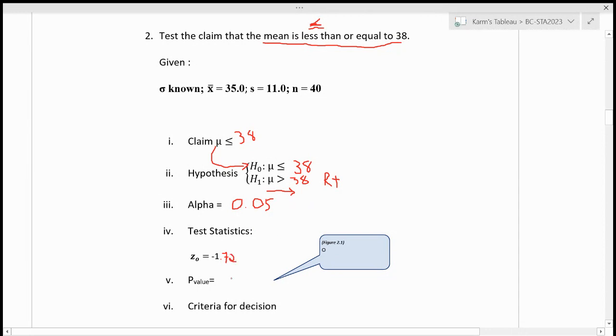Okay. And how do we get the p-value now? You can use the chart that I sent you last time, or the figure that I sent you. Alpha is 0.05 whenever it's not given to you. It's the default, though it can be anything else. Okay. So how do we find it? How do we get the p-value?